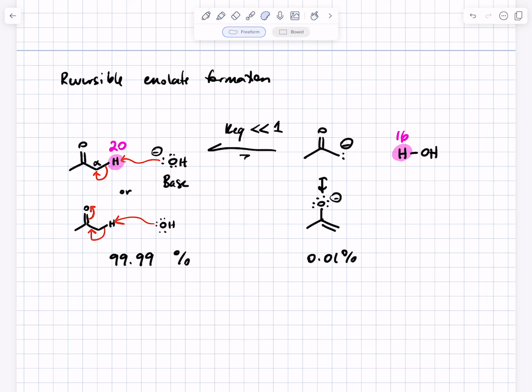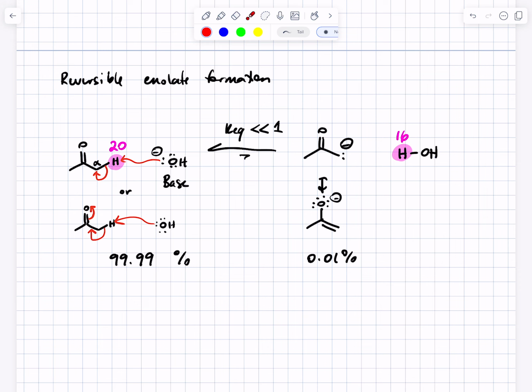It turns out that even though having 0.01% is not enough to do synthesis, if your goal is to synthesize an enolate, think of how many molecules there are in a mole of something. Something around 6 times 10 to the 23rd, right? 0.01% of 6 times 10 to the 23rd is still a ton of molecules, right?